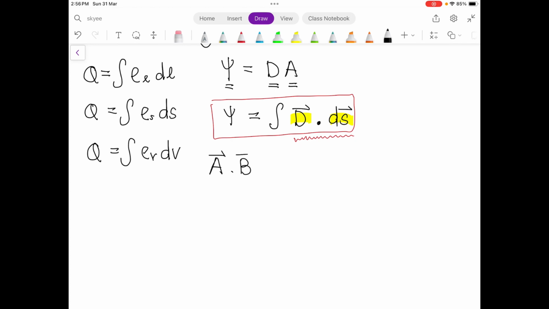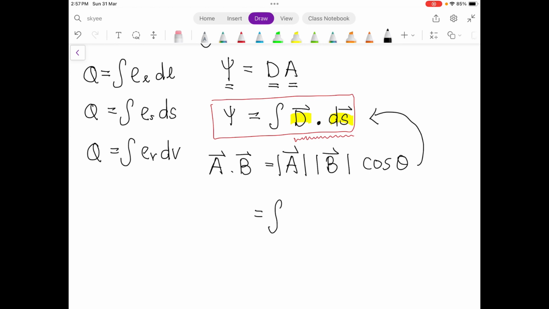You have one vector A and one vector B. If you want to perform the dot product between them, you take the magnitude of A, multiply by the magnitude of B, and then multiply by cos theta, where theta is the angle between A and B. If you apply this here, it equals D times dS times cos theta, the angle between them.